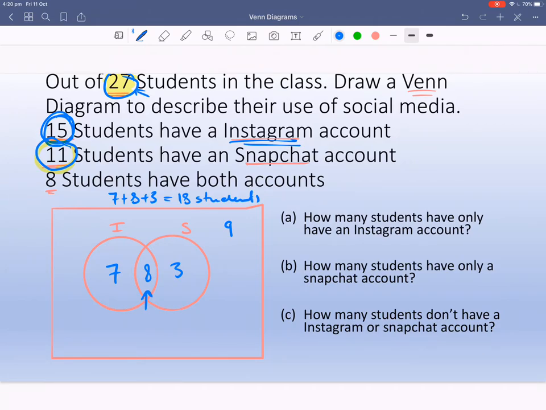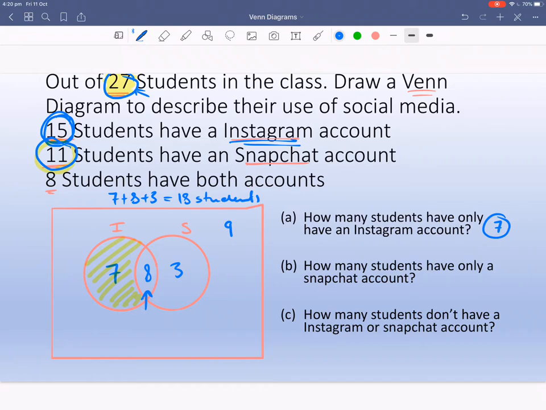All right, so let's answer these questions. How many students have only an Instagram account? Well, this is the beauty of the Venn diagram, that you can see the part that is only Instagram there. We can't use this part because that's both Snapchat and Instagram. So how many students are there with only Instagram? There are 7.